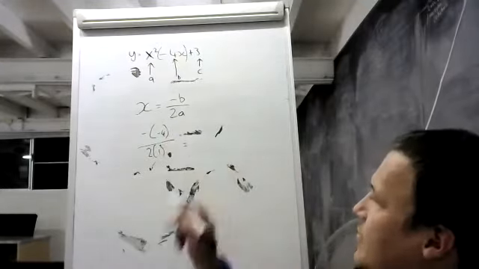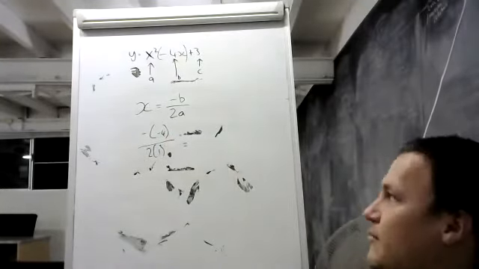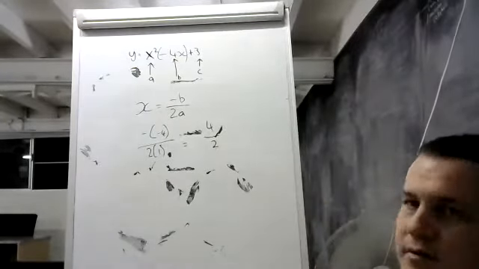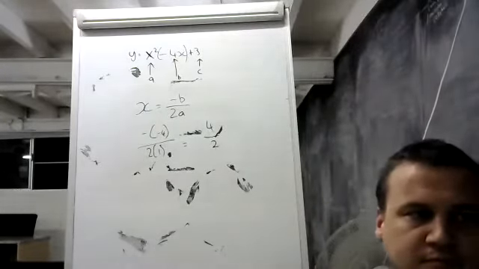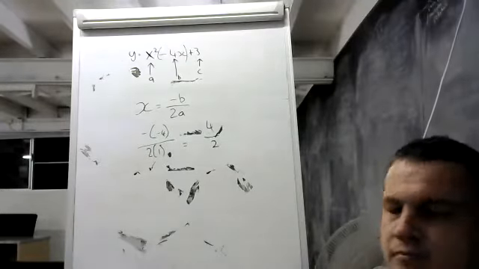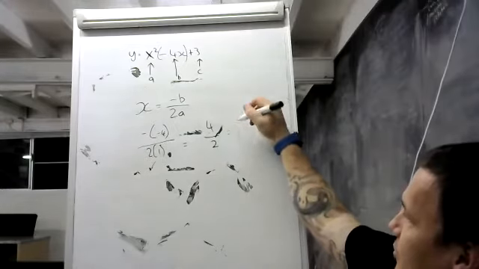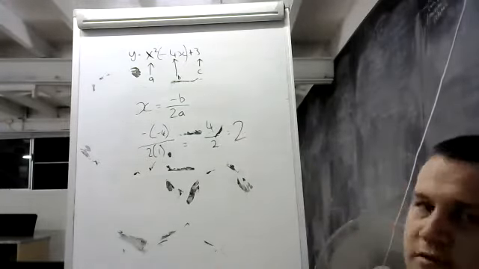What would that give us? Give us 4/2. So the x coordinate of the vertex is 2.